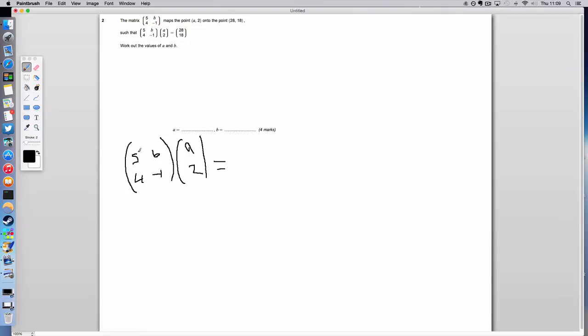Okay, so it's important to remember when we're multiplying a matrix by a vector that we do the row multiplied by the column. So in the first element we have 5a plus the product of 2 times b, and then same again, rows again, 4a, and then -1 times 2, which is -2, like so.